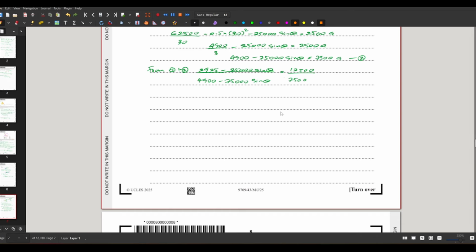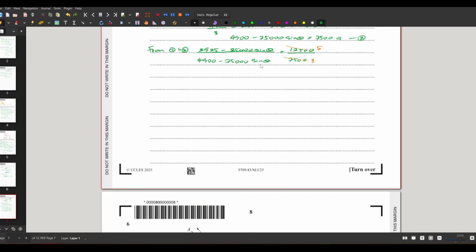Okay, so we can simplify both. We can divide by 2,500. So this is 3, this is 5. Then you can cross multiply. So I should multiply by 3 this one, 2,925.